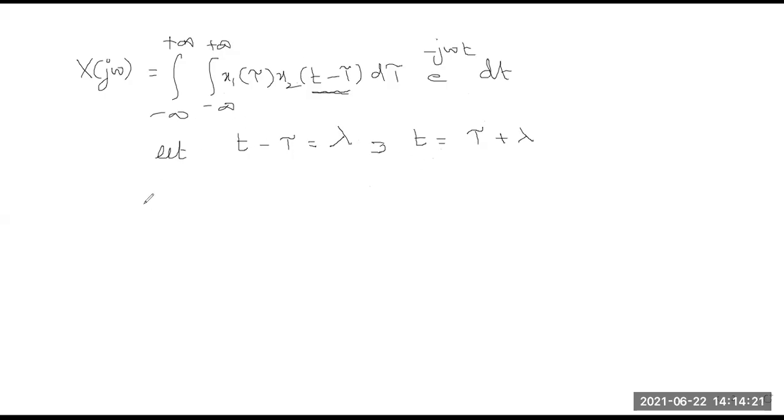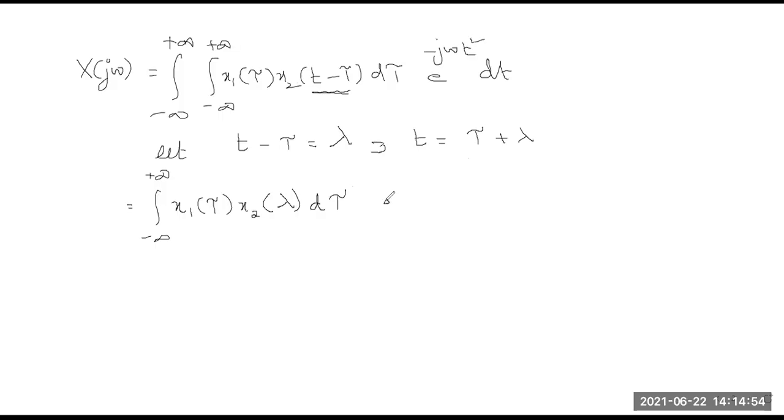So let me now introduce this variable. x1(tau) x2(lambda) d lambda.